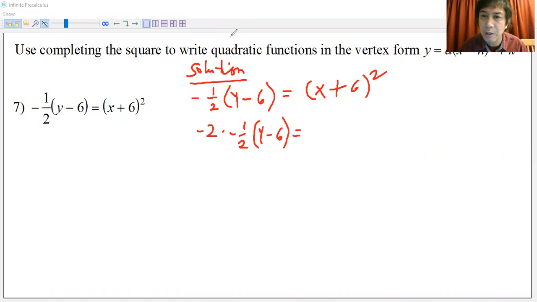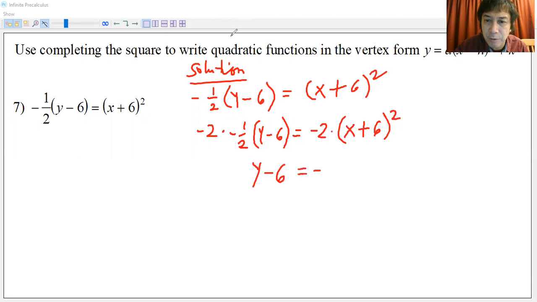Now we shall also do the same at the right side, so negative 2 times x plus 6 squared. Notice the negative 2 and the negative 1/2 at the left side will produce a positive 1. That cancels out. So the left side will just become y minus 6. The right side is now negative 2 times x plus 6 squared.